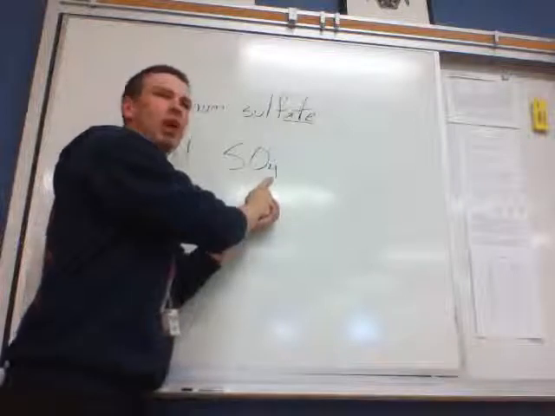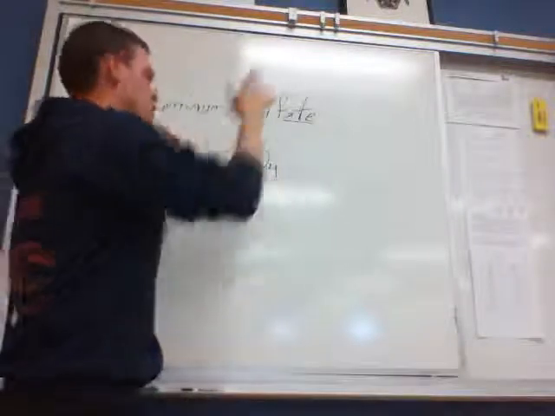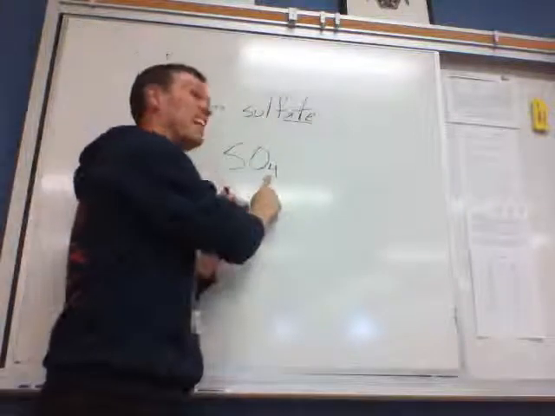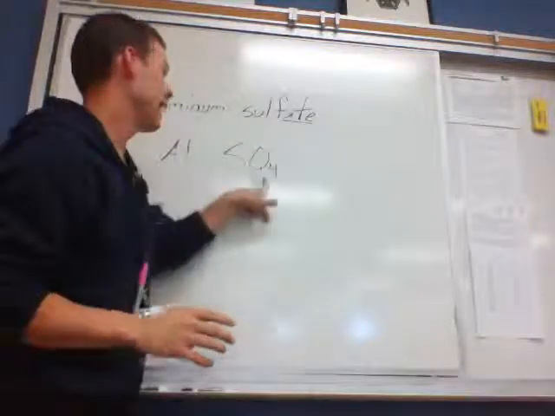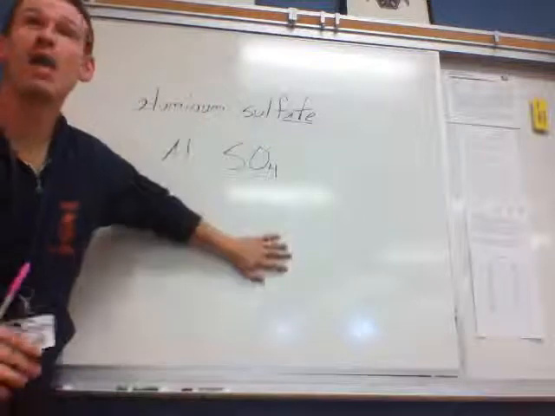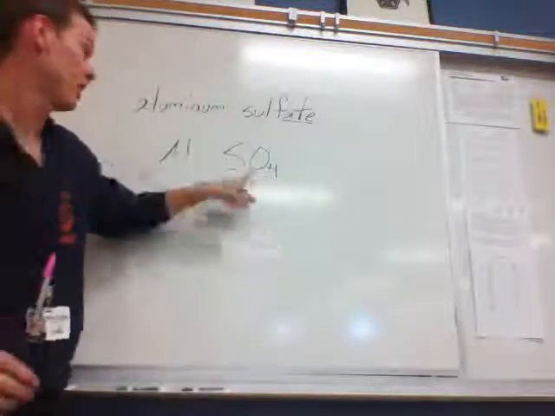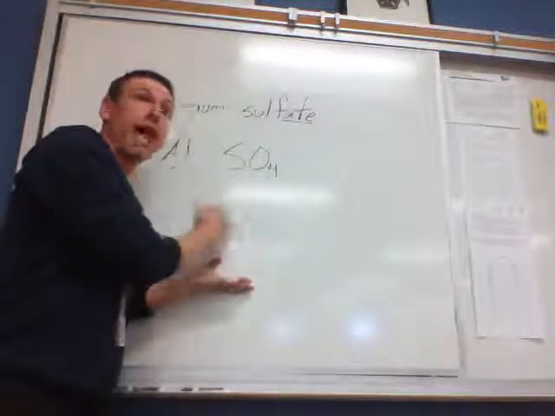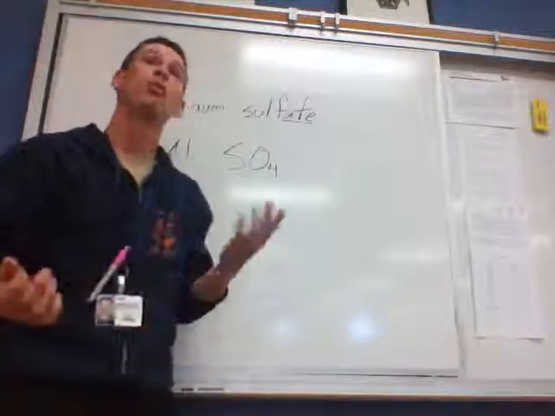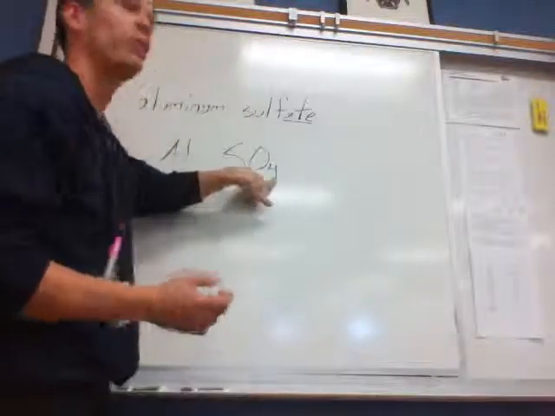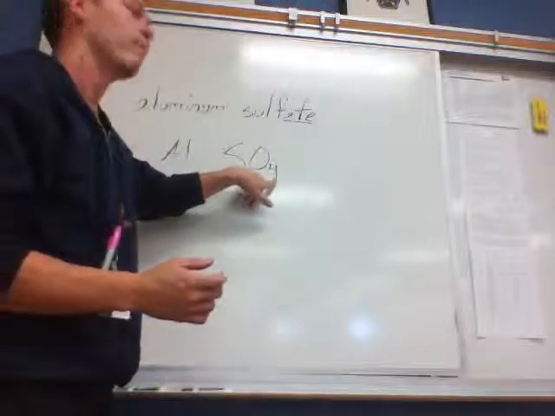That little 4 right there will drive some of you crazy, because when you start crisscrossing and doing stuff, you'll sometimes think that 4 needs to change. No, no, no. Sulfate is SO4. No matter what you end up saying your answer is, make sure that sulfate is a part of it. SO4 needs to be in whatever formula you're about to tell me aluminum sulfate is. Don't mess with that 4.